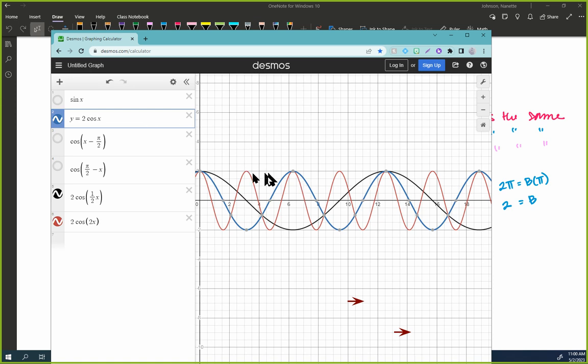So can you imagine one here? I'll just trace it. I'm going to do my best to trace this guy. So look at the one. I should keep them the same color.